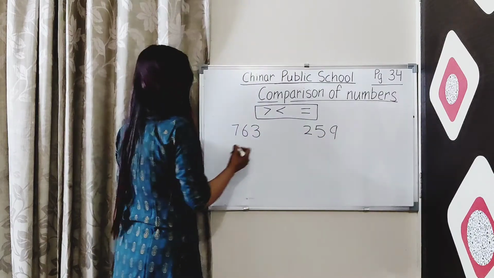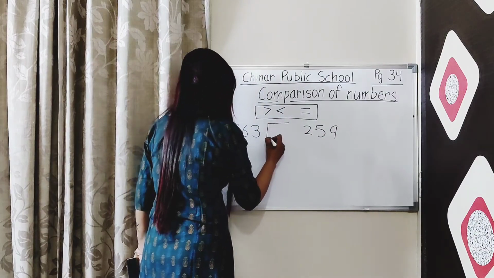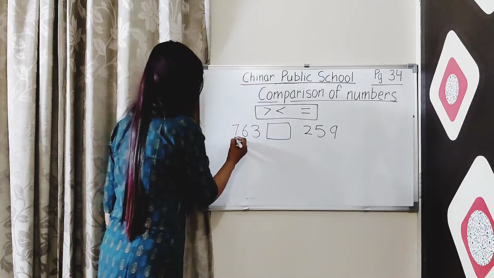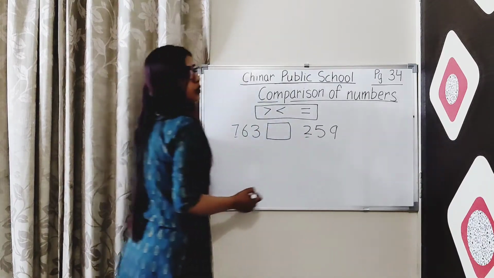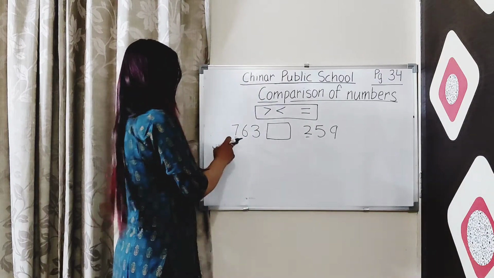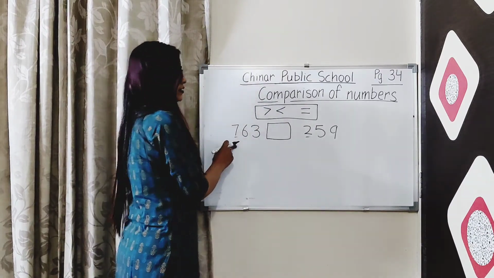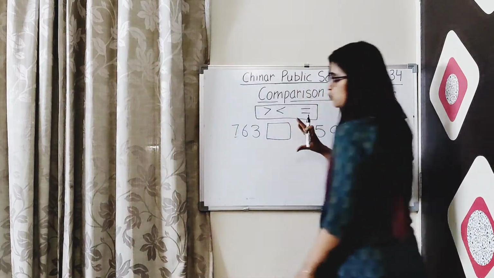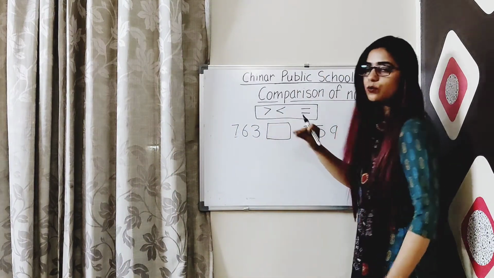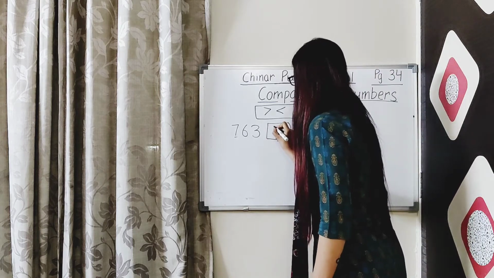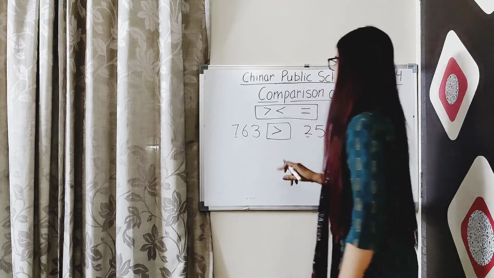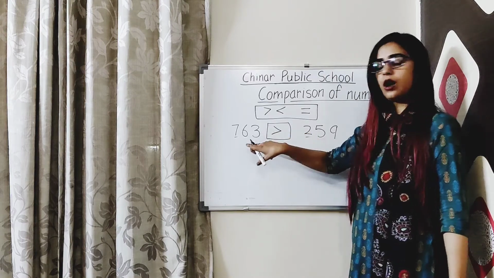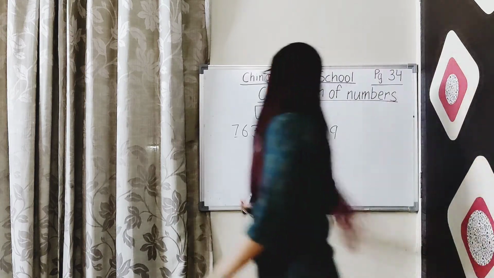So which number would the crocodile like to eat? Here it is 7 and here it is 2. Which is the greater number? This 7 is greater than 2, right? So the crocodile would like to eat the bigger one. So its mouth will open like this, towards this number. It will be closed here and the mouth will be open over this number.